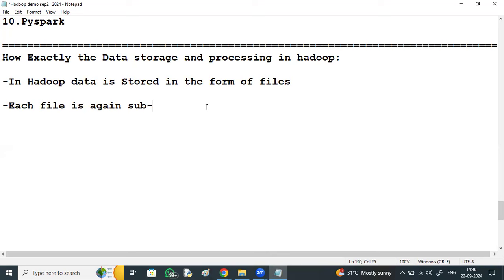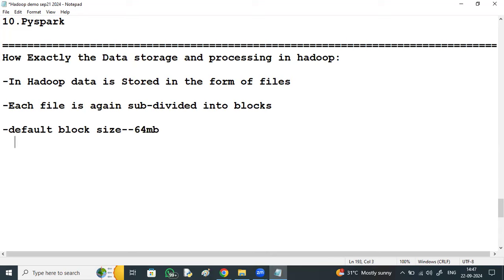Each file is again subdivided into smaller parts called blocks. Regarding the default block size, previously it was 64 MB.